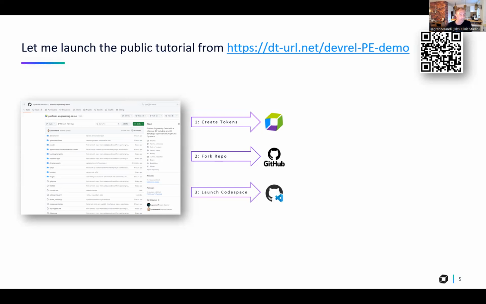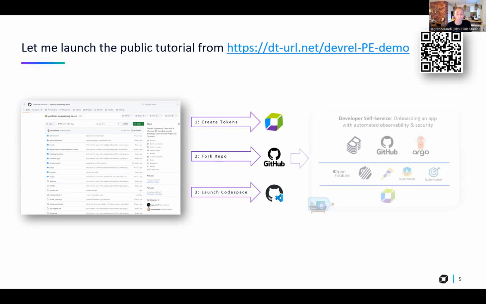Codespaces is a feature of GitHub, and they give you, I think, 120 hours free every month. It basically launches a virtual machine, and in my case, I decided to install Kind in that virtual machine, that is Kubernetes in Docker.